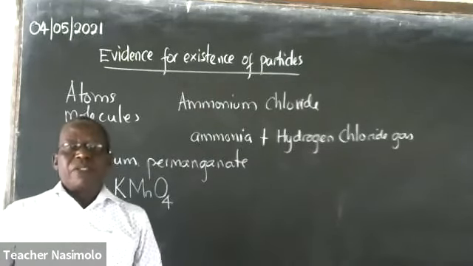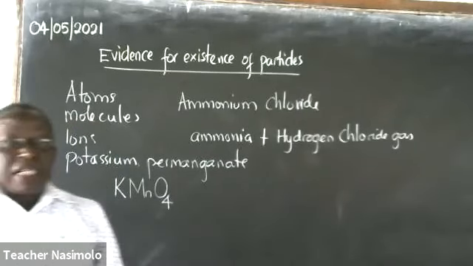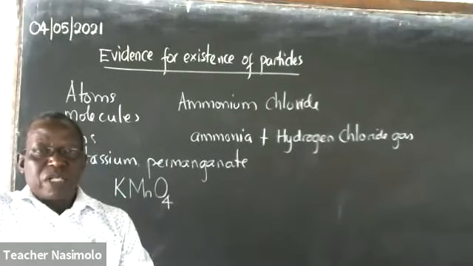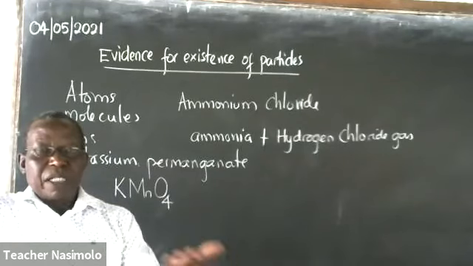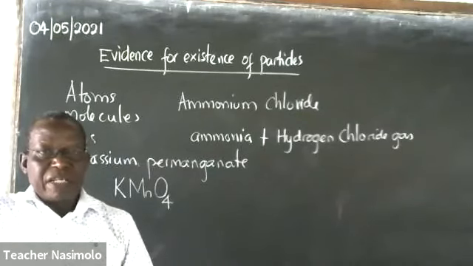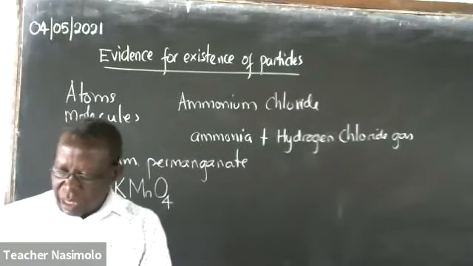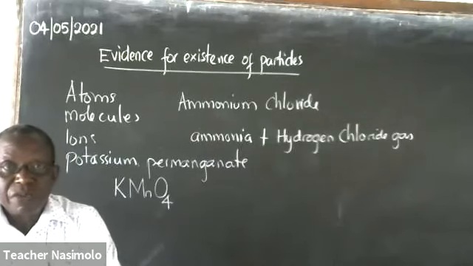So that means that this potassium permanganate is actually made up of particles. These particles enter into water, dissolve into water, and then the whole beaker containing water is going to turn purple because of that compound which is dissolved in it.